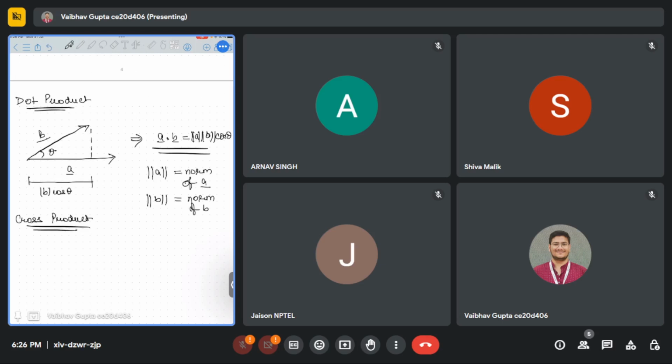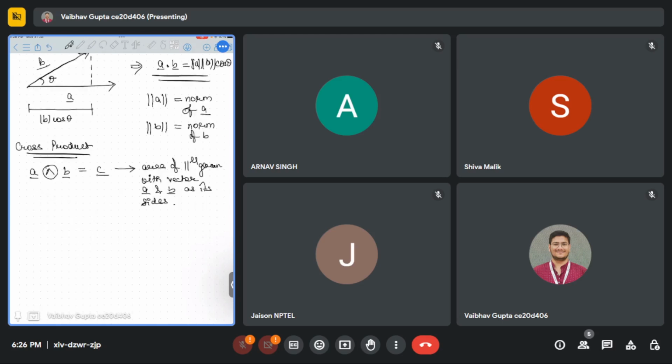In this course, we'll be denoting cross product with this notation. This means cross product of vector A and vector B. Suppose this is a C vector. So cross product is nothing but the area of a parallelogram with vectors A and B as its sides.